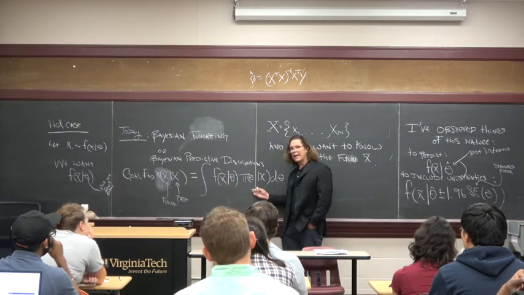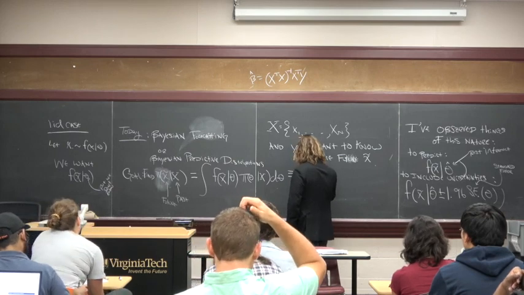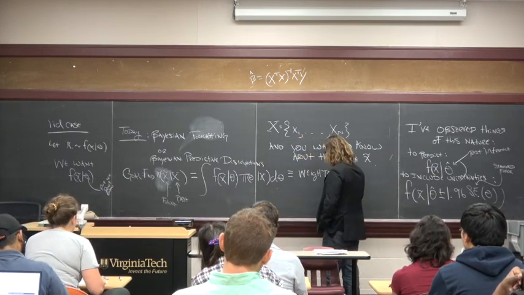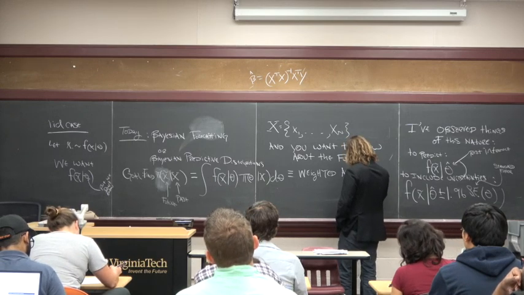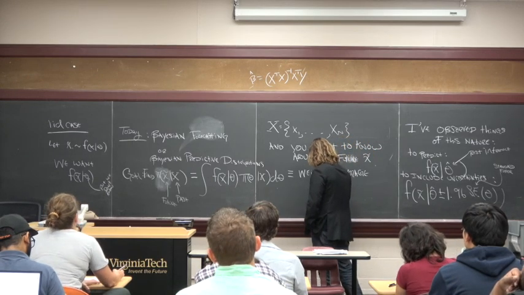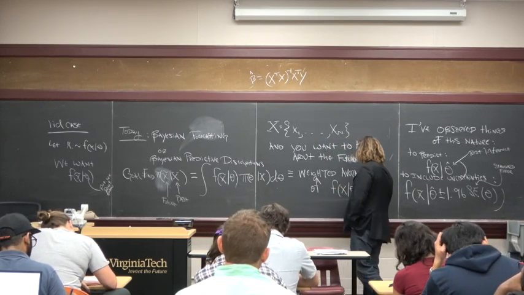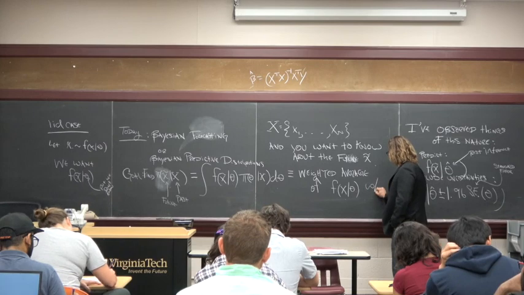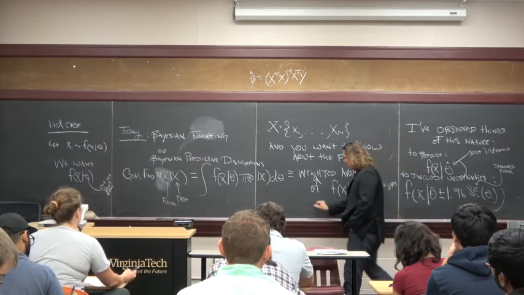So this is just a weighted average. I'm going to write this down as a weighted average of these functions, f(x given theta), with weights pi(theta).